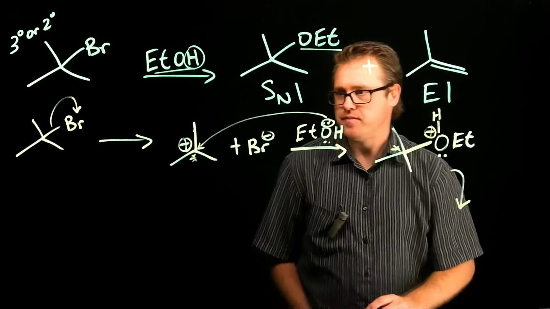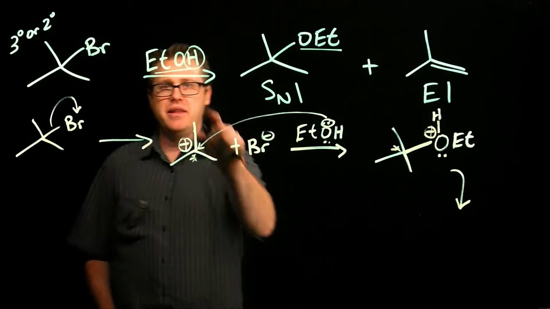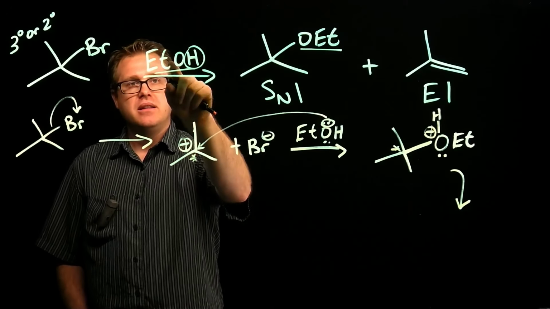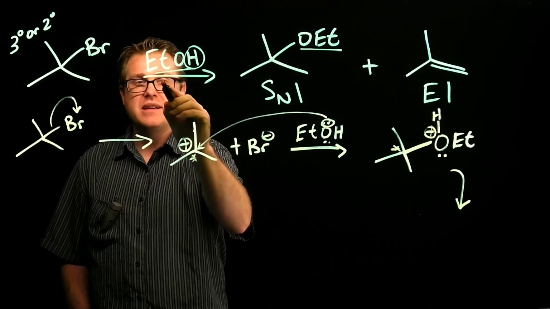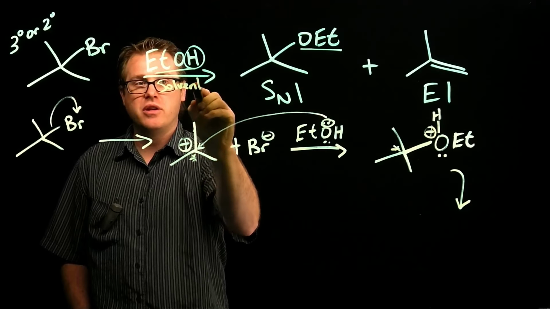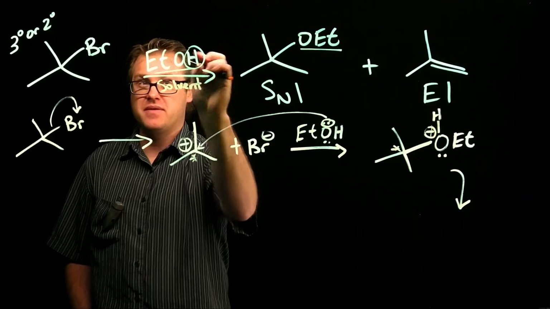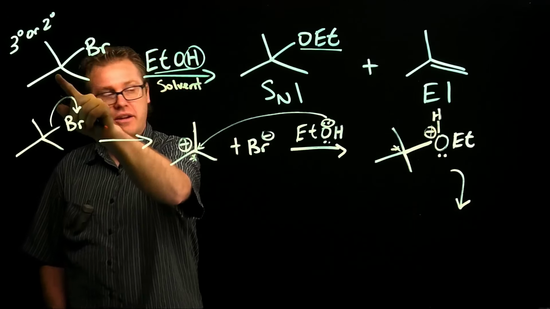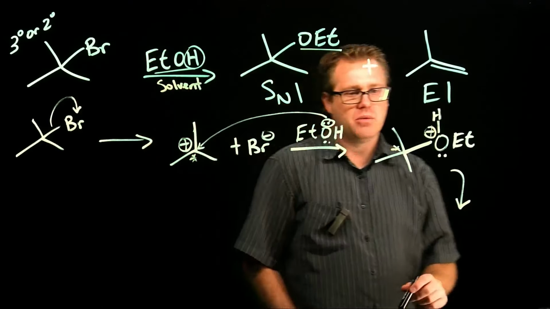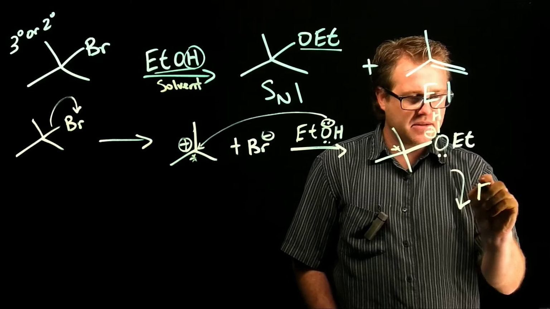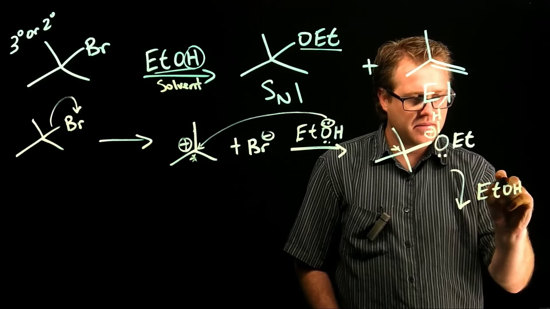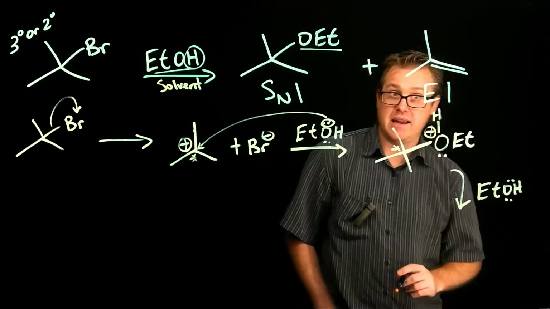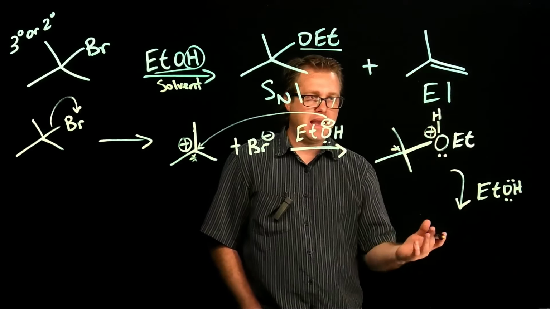Okay. Now remember, in this reaction here, ethanol is the solvent as well. Okay, so there's going to be excess amounts of ethanol, large amounts compared to our alkyl halide. So what we're going to have is an excess amount of ethanol, and we said ethanol is also a weak base.